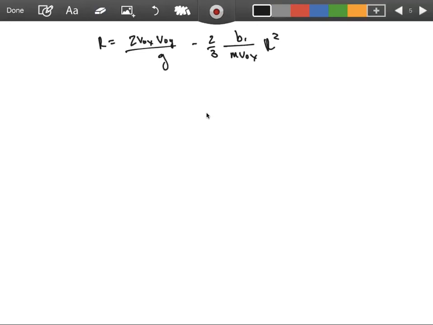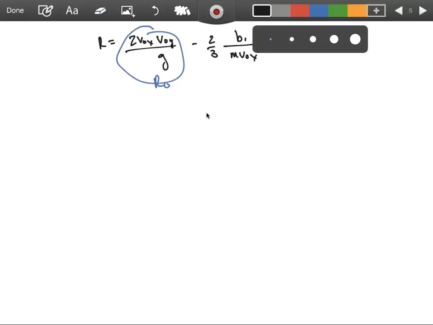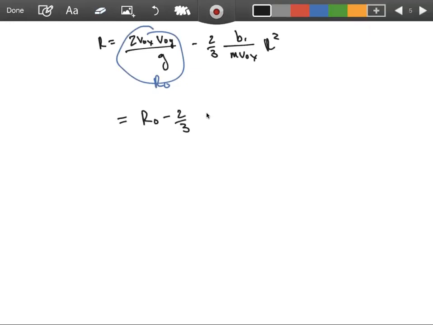But again, we can easily identify that this thing here is actually just our vacuum solution of R0. So then this is going to be equal to R0 minus then 2/3 V1 divided by M the initial X times R squared.